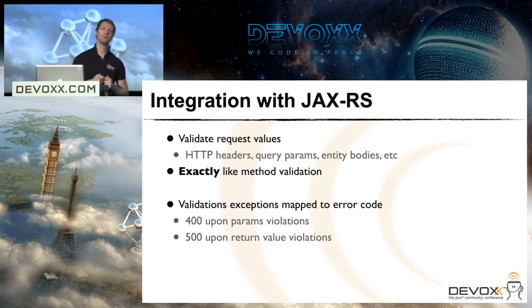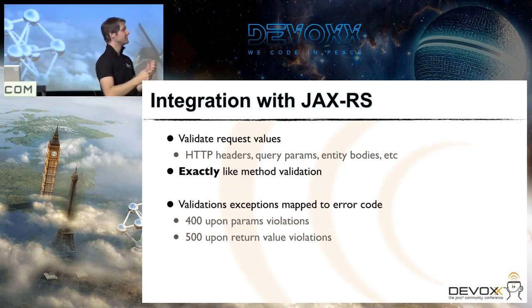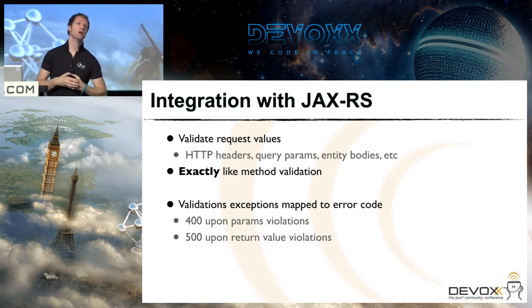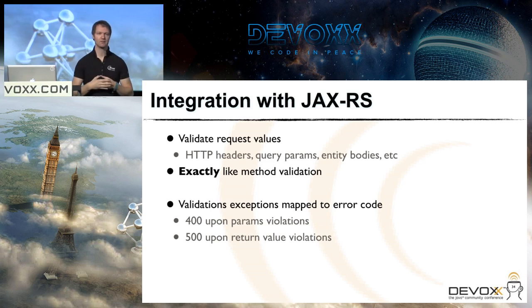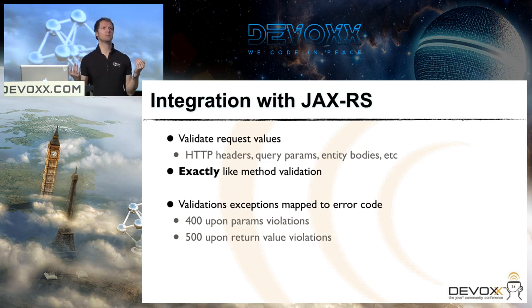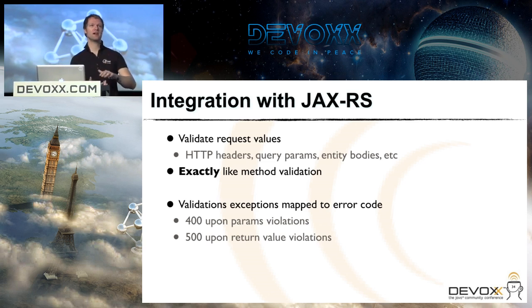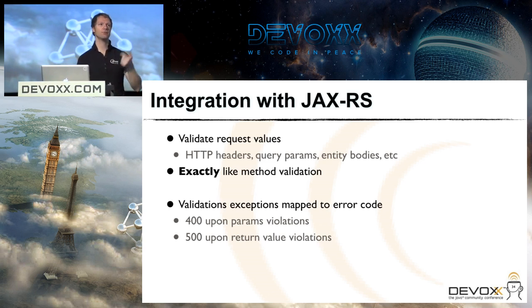And another awesome thing, well, at least I find it awesome, is that JAX-RS is about REST services and the web and HTTP, right? An exception doesn't make sense. What makes sense is HTTP error codes. If you think about somebody calling a method with the wrong type of parameters, that's an error from the client side. It should not have called it that way because that's wrong. That's an HTTP 400 something code, right?